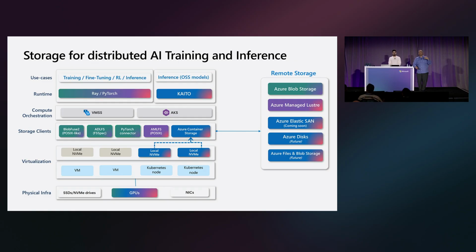And then you can have a runtime like Ray or PyTorch on top of that for your training and fine-tuning. And Kaito, if you're familiar with it, is on the Microsoft side for inference using open source models. So that's an end-to-end picture, wrapping up this AI training and also starting to look into inference.